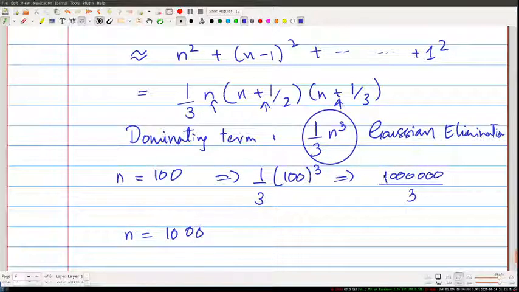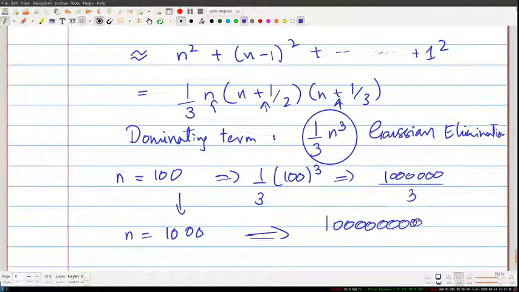I went from a million computations, I increased the order by 1, went from 100 to 1000, and I see that I will need 1/3 of a billion operations. And a 1000 by 1000 system is nothing in this age. We have data sets with large systems, so this cost is nothing, right?